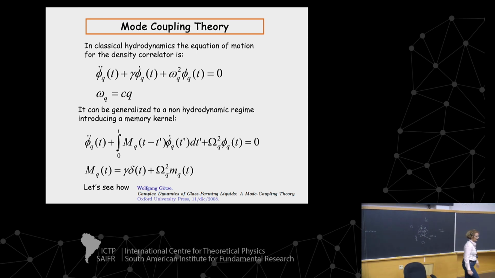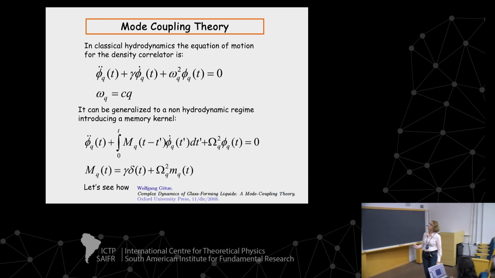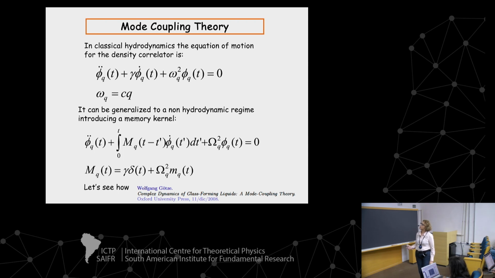In the classical hydrodynamic equation of motion for the density correlator, you have the damped harmonic oscillator.